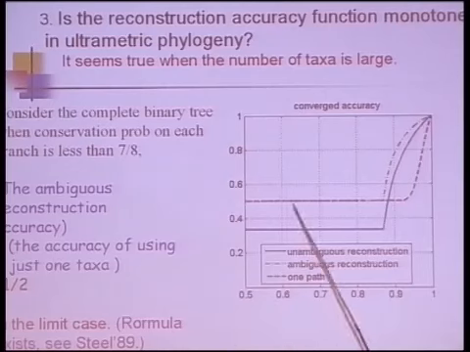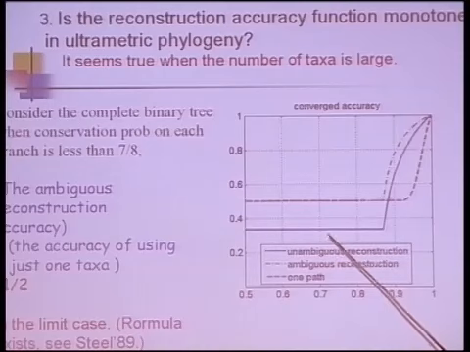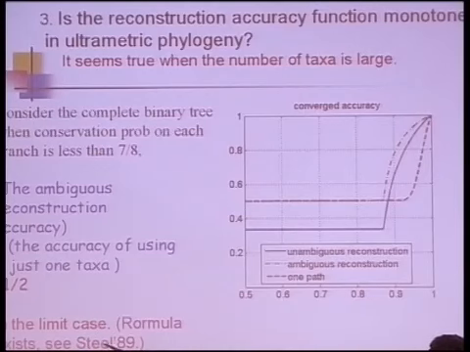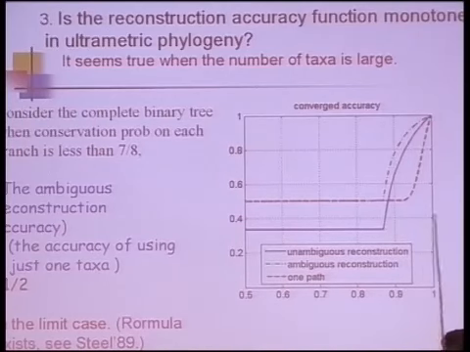This is the numerical calculation of the reconstruction accuracy for the complete binary tree in the limit case. In this case, there is a formula for the reconstruction accuracy, in Max Dew's paper in 1989.